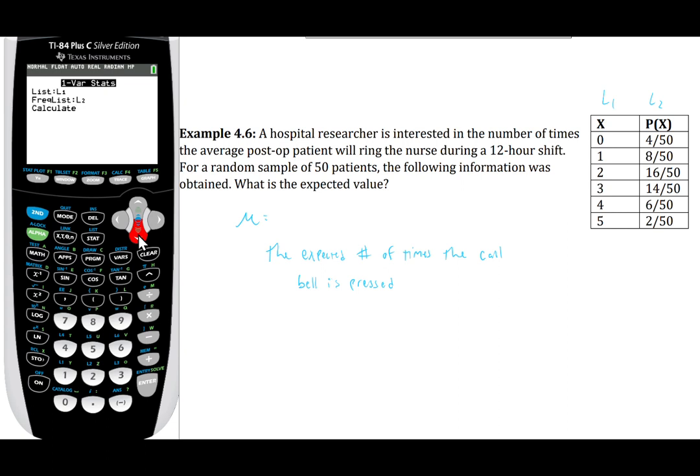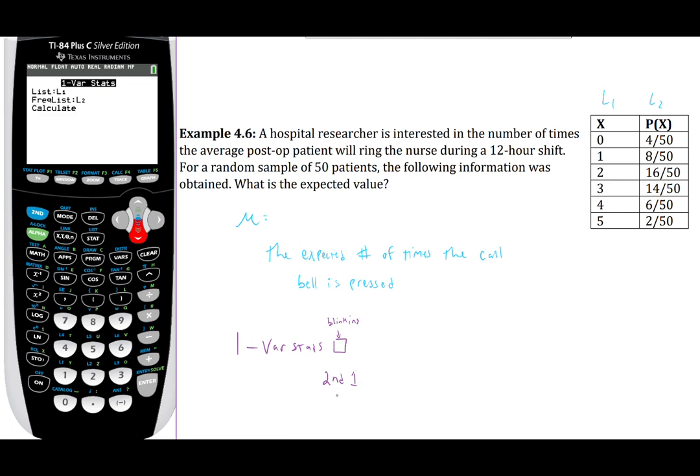Now, for those of you using the TI-83 calculator, or an older TI-84 that has not been updated, your calculator might be displaying this as 1-Var Stats with a little box blinking. If that's the case, then you need to type in second and the number 1.